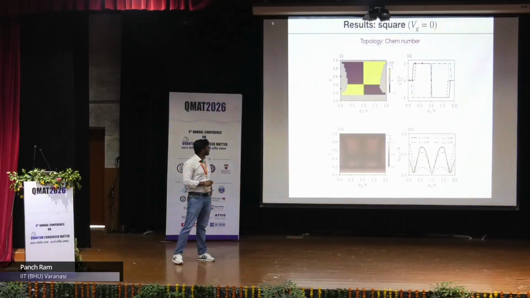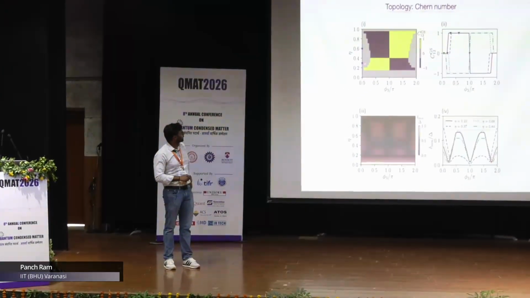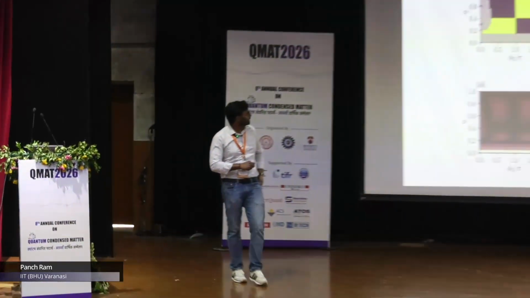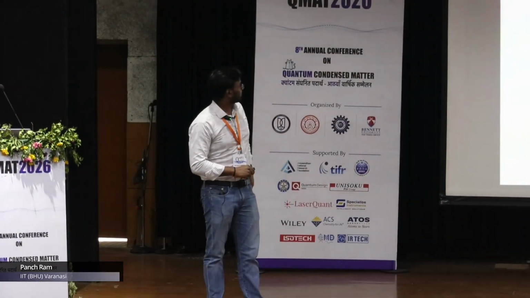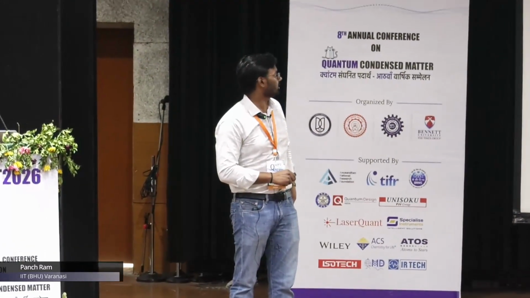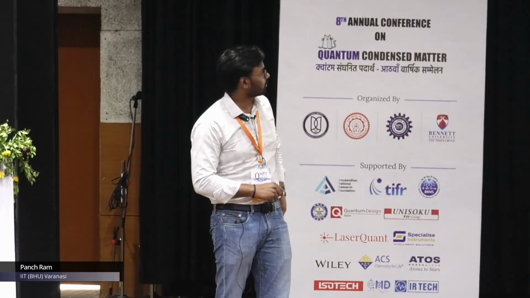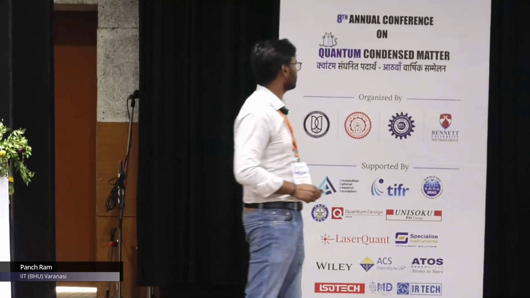So what you see is that for a certain chemical potential energy, it doesn't give any Chern number, but if you have sufficient energy, then if you scan phi 3, you go from a trivial phase to a non-trivial phase, and again a topologically non-trivial phase, and then the trivial phase.